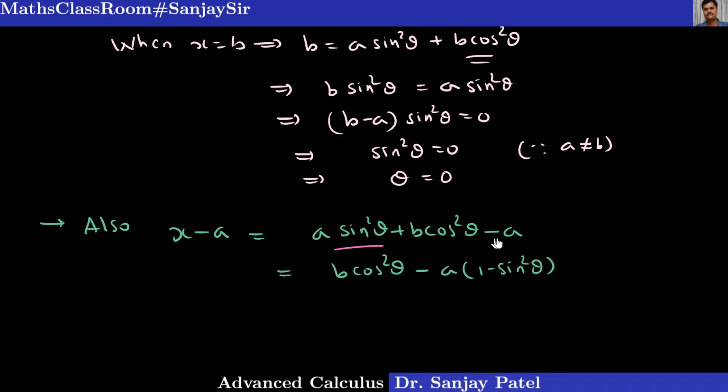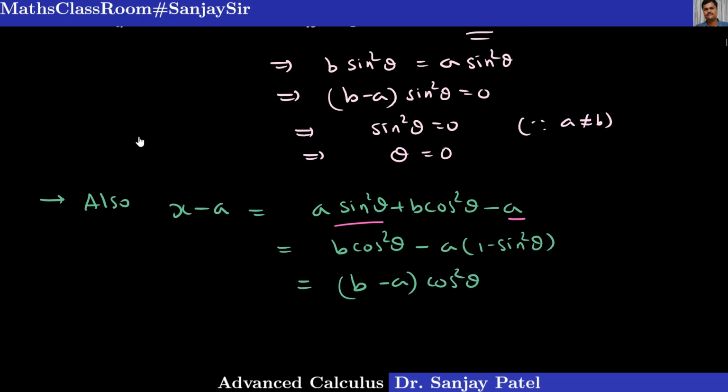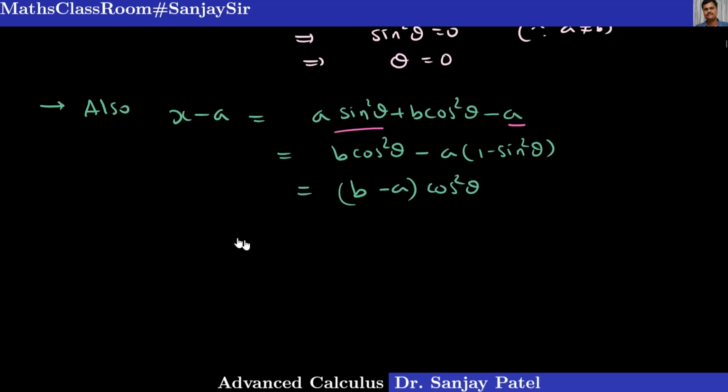So I can write the next step as b cos square theta minus a cos square theta, so b minus a times cos square theta. So x minus a is equal to this.